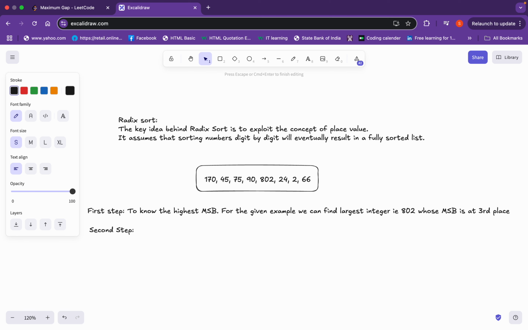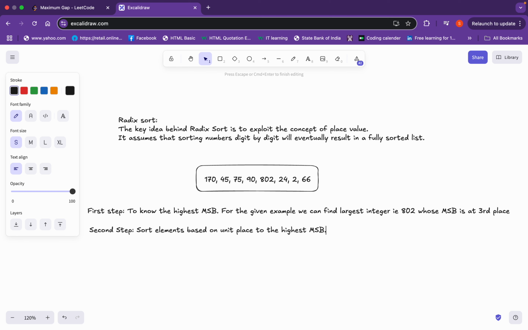The next step is sorting itself for each of the significant places. So the second step is to sort elements based on unit place to the highest MSB.